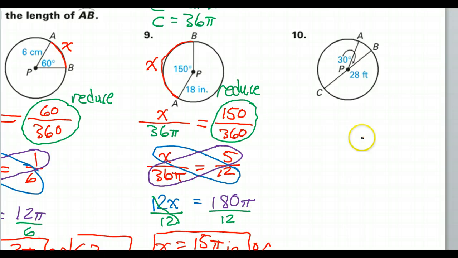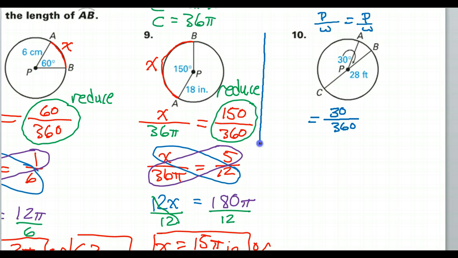Number 10. Once again, we are going to do part over whole equals part over whole. And once again, on the right hand side, we are going to do degrees. The partial degrees is 30. And of course, the whole is 360 degrees. Let's put a little divider here.